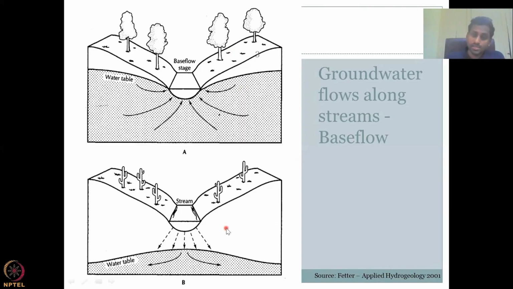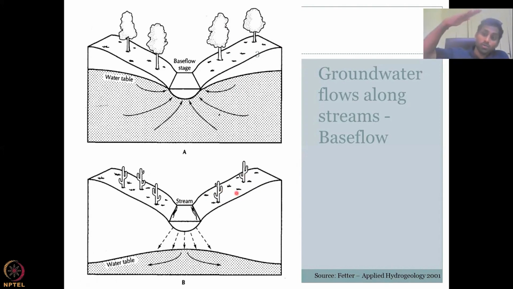When you come to a desert system, you still have a stream. Your stream is there, but your recharge is less, maybe because of high temperature, low rainfall, and or the infiltration is not happening as well as in your forested area, because you can see cactus. Cactus is seen in deserts. So that is an indication of low rainfall.